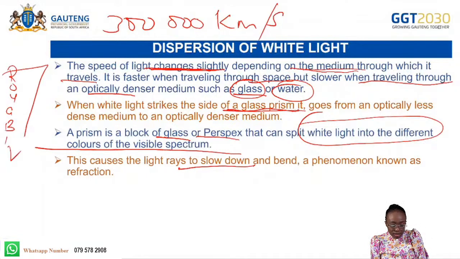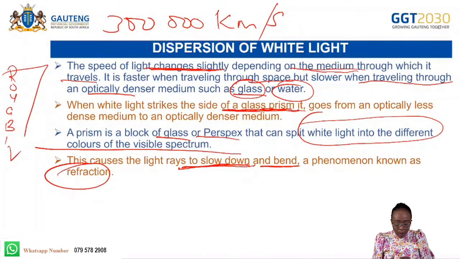Light strikes the side of the glass prism. What's going to happen? It's going to slow down and bend, called refraction, the bending of light. So when it strikes that prism and starts traveling through a denser medium, it slows down and it bends.